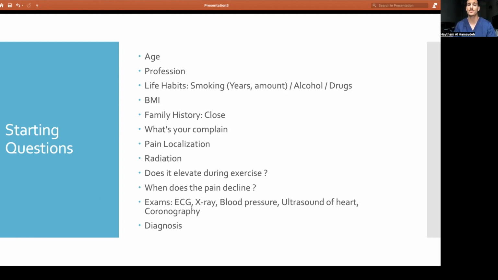And then we can perform some exams that include things like blood pressure, ECG, X-ray, ultrasound, and coronography. And then these questions and tests may help us reach the proper diagnosis of the patient.